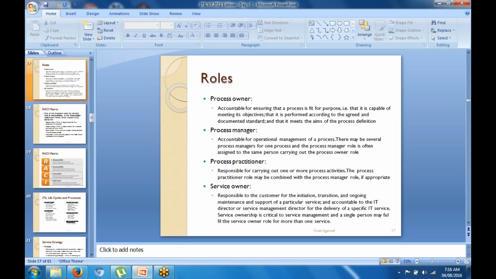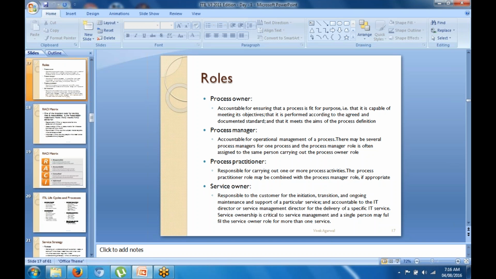It depends on project to project. Be with me, we will see with some good examples, so don't get confused about who is practitioner and who is manager. There may be a single person taking the responsibility of both. Maybe he is a practitioner and also a process manager. But there is a slight difference.